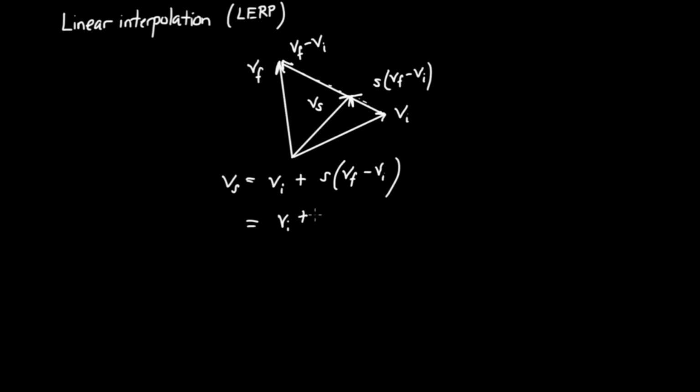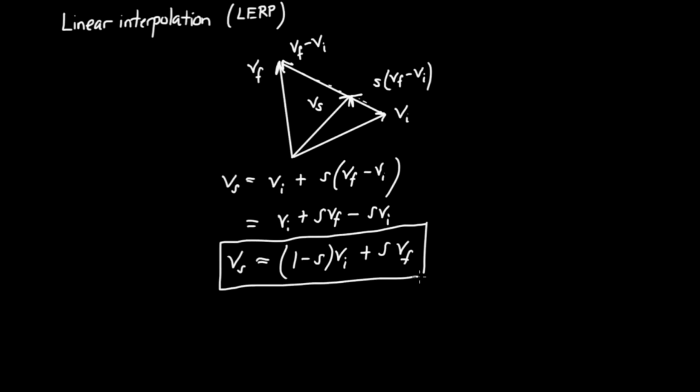I have vi plus s times vf minus s times vi. Now combine this term and this term to get 1 minus s times vi plus s times vf. That's equal to v sub s. And that right there is simply the formula for doing a linear interpolation.